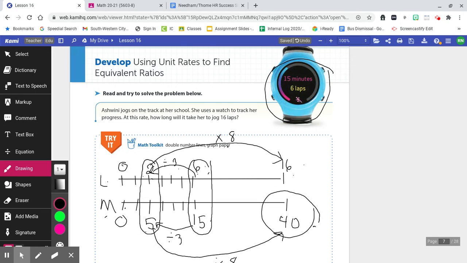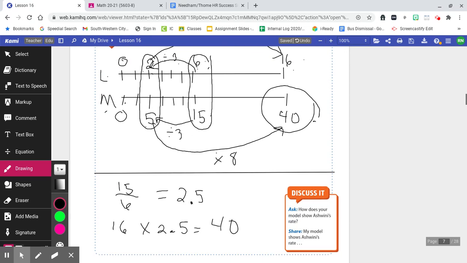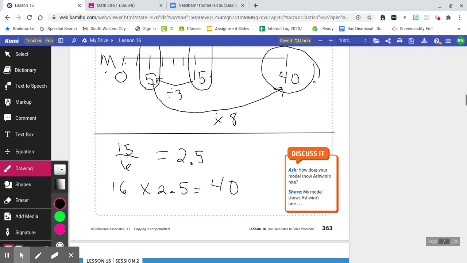So a double number line is an effective way to do this. I also think, and personally I think this is easier, just to do division. So you could do 15 divided by 6 because I want to find out how much for one minute or one lap is 2.5.